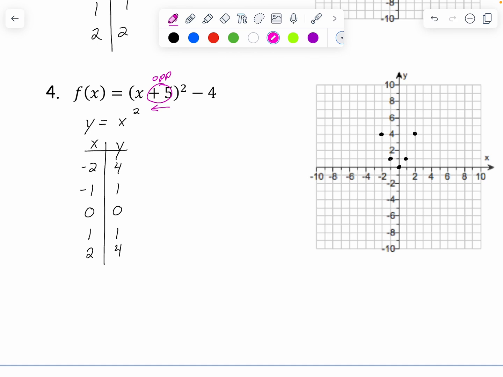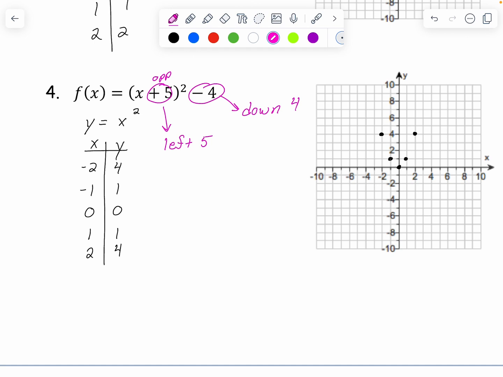To the left, my bad. Okay, so this is going to shift it to the left 5 units. And then we have our -4 behind the function. It's not inside of what's being squared. It's behind what's being squared. Therefore, this is going to shift down 4 units.